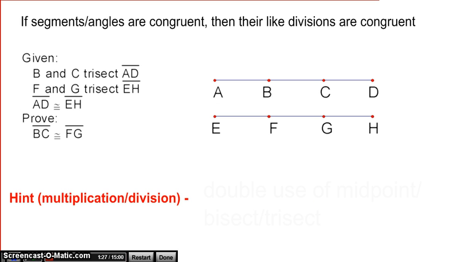In a similar fashion, we could do the same thing if we are going to be dividing. So in this case, we have trisect on both sides, but we are given that the entire segment is congruent to the entire segment down in the bottom.